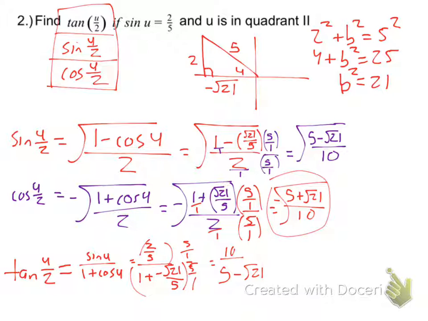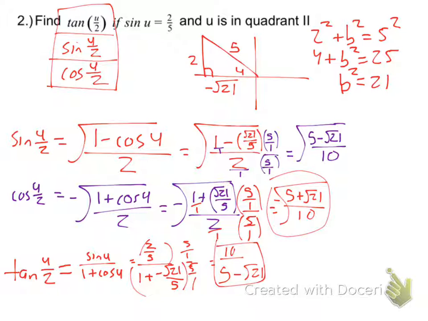That also would have to be fixed. Because we chose to use sine u over 1 plus cosine u, it results in a denominator with the square root, which you would have to fix. So, let's just box this for now.